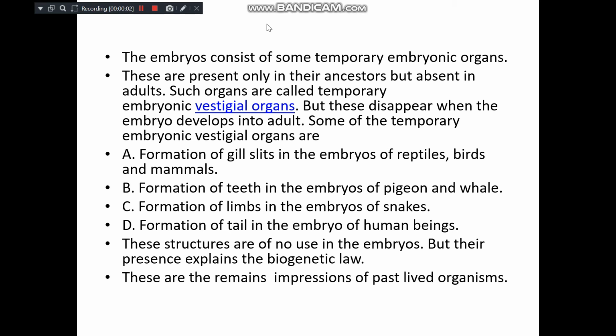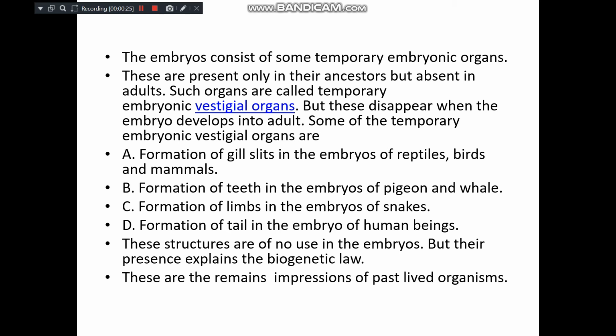Even the formation of teeth in the embryo of the pigeon and the whale. In pigeons, birds have no teeth. Even in whales there are no teeth. But in the embryo of a pigeon and a whale there is teeth formation. Teeth are seen, but later they are discarded.